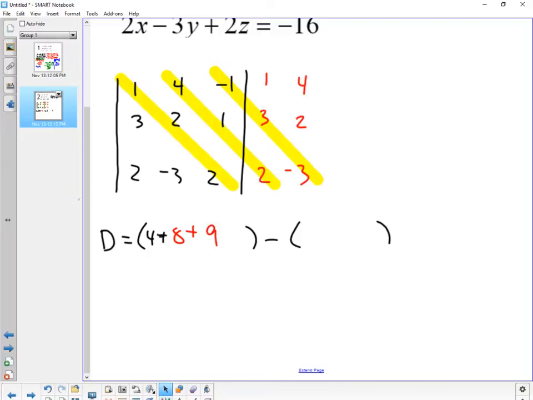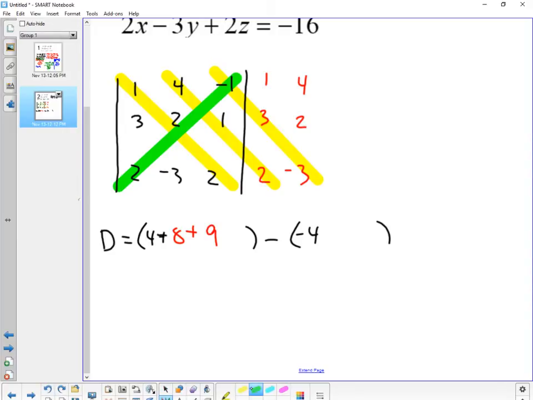Now, for the other side, we're going to go the other direction. So here's my 3. What is that? -4. I couldn't save that 4. And then what's the other one?